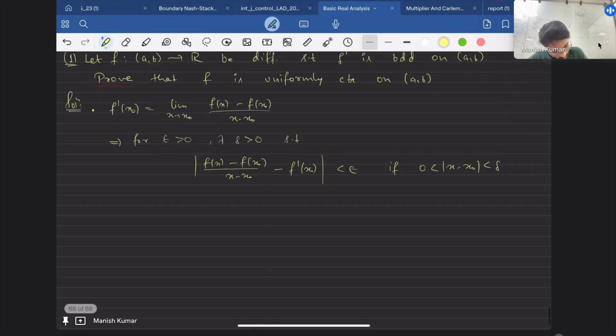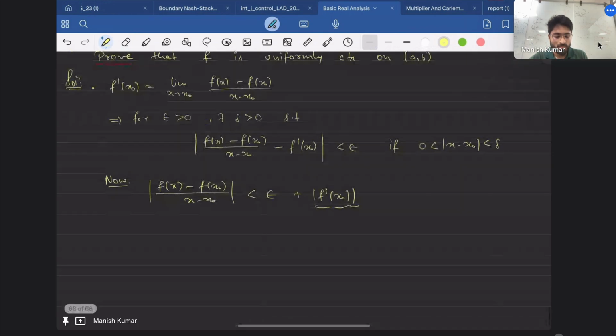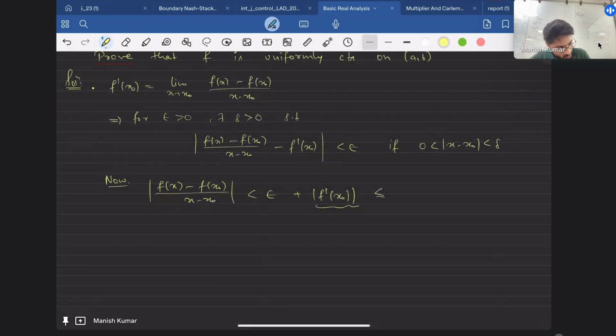And then you just look at this term. Using the triangle inequality, this is less than or equal to epsilon plus |f prime of x naught|, right? And you know that this is a bounded quantity, so this is less than or equal to some c.